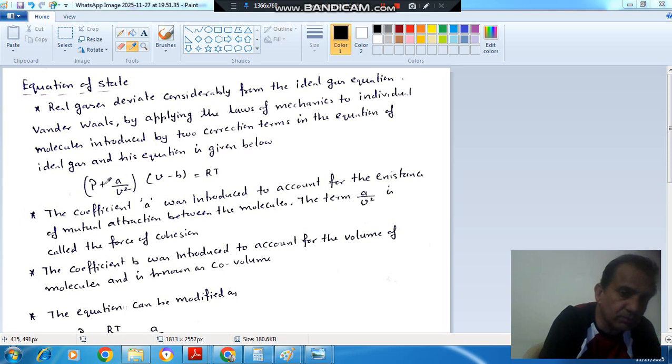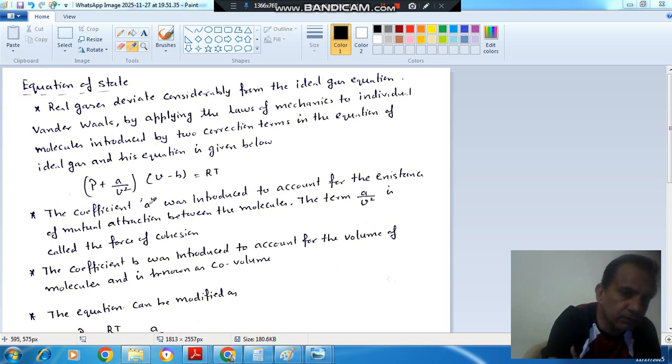So the new equation is (P + a/v²)(v − b) = RT. Here the coefficient a was introduced to account for the existence of mutual attraction between the molecules. So that's why there is some increase in pressure, that a takes into account the force of cohesion.